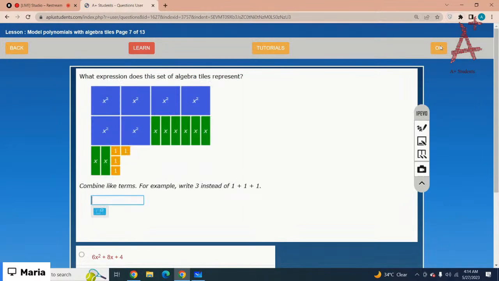What expression does the set of algebra tiles represent? It would be 6x square plus 8x plus 4. The correct option is option 1.